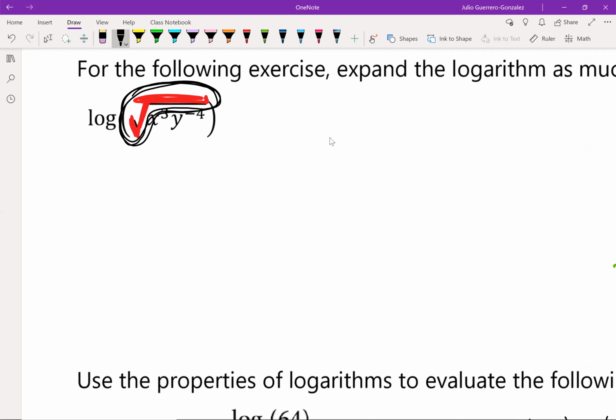What can you change the square root into? A root or a square. Give me a second. Okay.